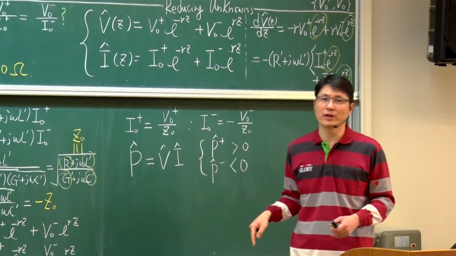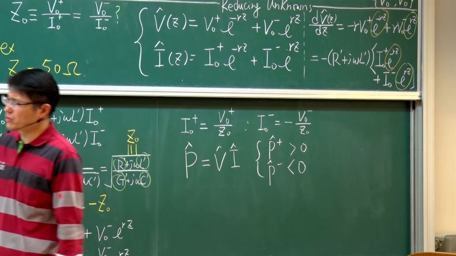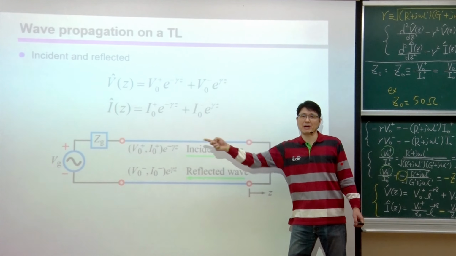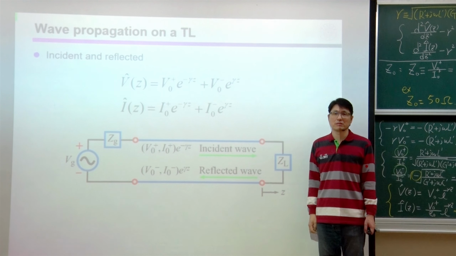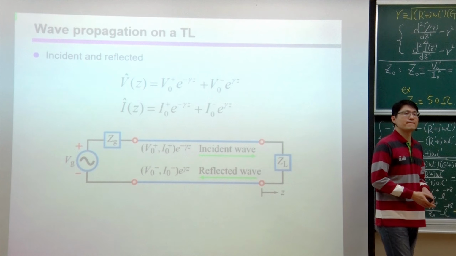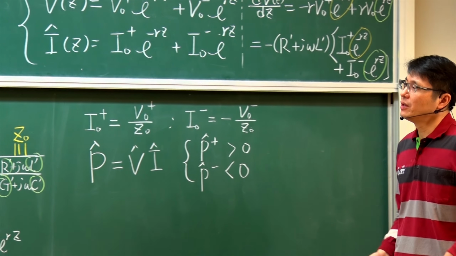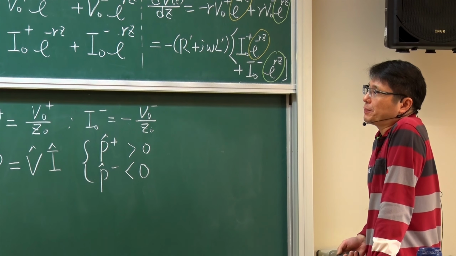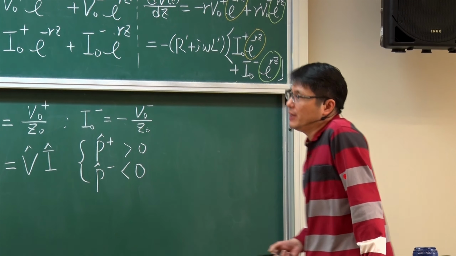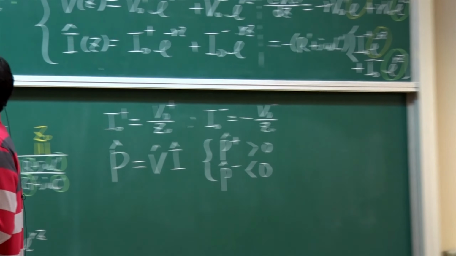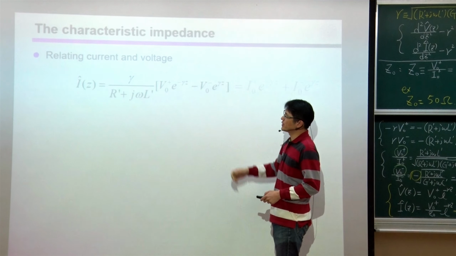So the reflected wave is like another small generator sending power to type power, right? The power you cannot use. Right, so up to now, we are very happy.